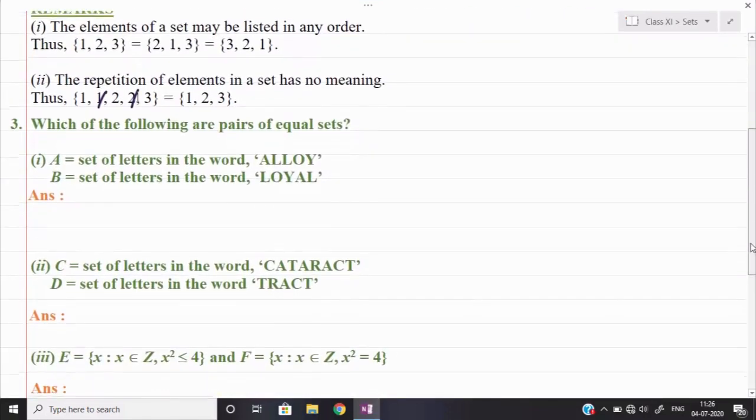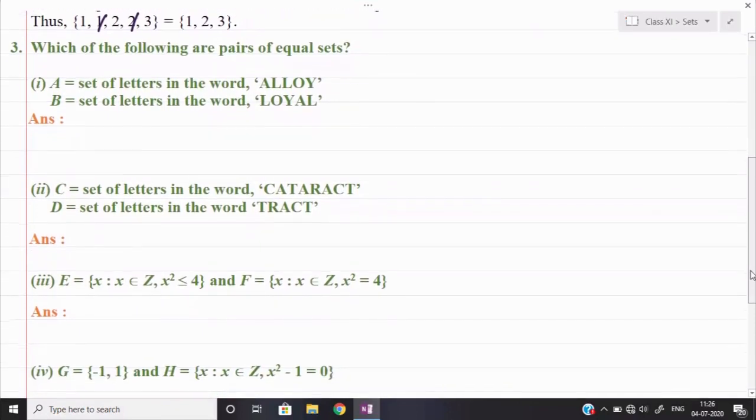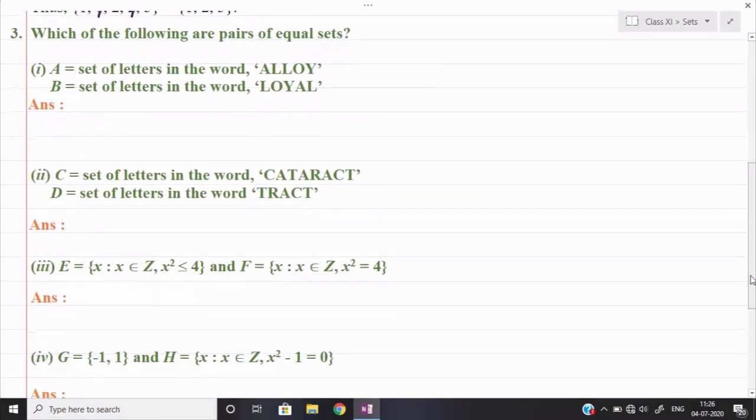Let us see question number three. Which of the following pairs of sets are equal sets? So suppose I write down the elements of set A. First of all we shall list out the elements of set A in the roster form.